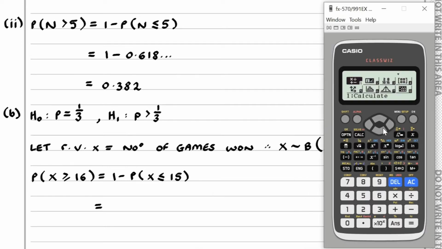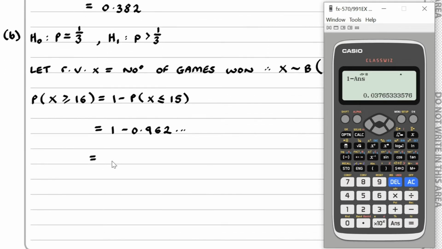And so calculating this, again, with the distribution sub-menu, we've got 15 for x, n equaling 32, and p equaling 1/3. So we've got 1 minus 0.962, etc., which is equal to 0.0377 to 3 significant figures.